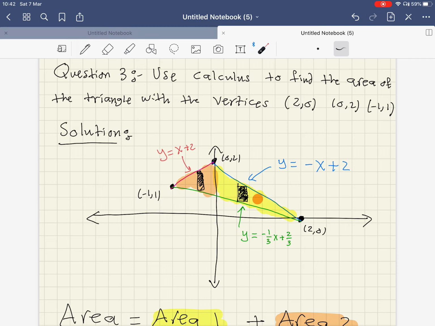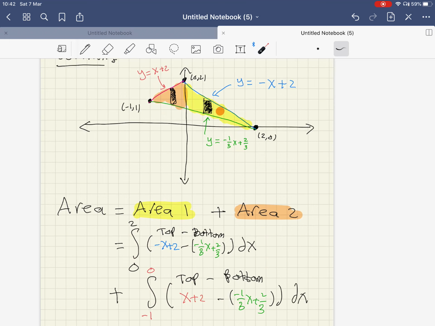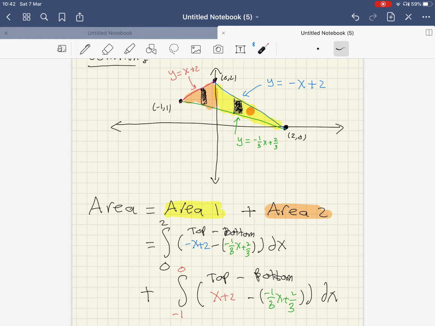I found them using the equation of a line, and then I figured out that my region is divided into 2 regions, with 2 different tops. In the first one the top is the blue one, which is this line, and the second region has a top which is this one, the red line. And then I just used the equation for the area to find the answer.